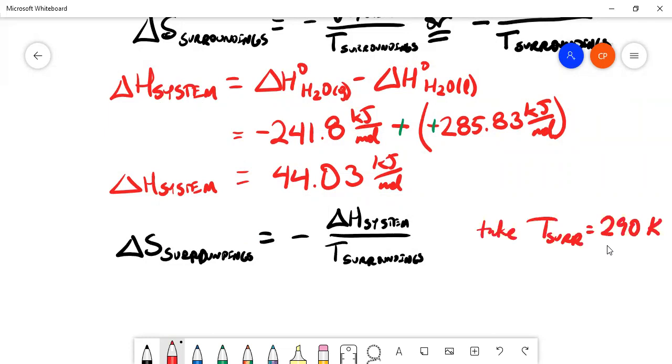Okay? So delta S of the surroundings for 17 degrees Celsius will be negative, and by the way, I need to have this in joules per mole per Kelvin. What should I do with delta H if I need to have this in joules per mole per Kelvin? And delta H is in kilojoules.